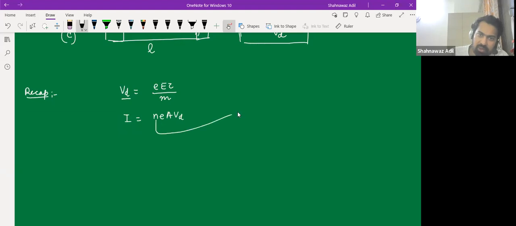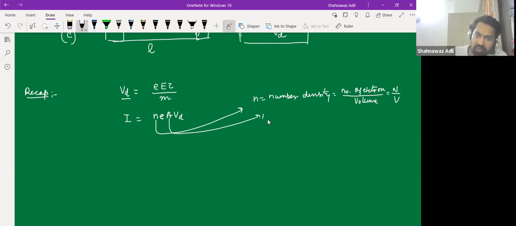Where this n is your number density, right? Number density is how much? Number of electrons divided by volume, right? So N by V.